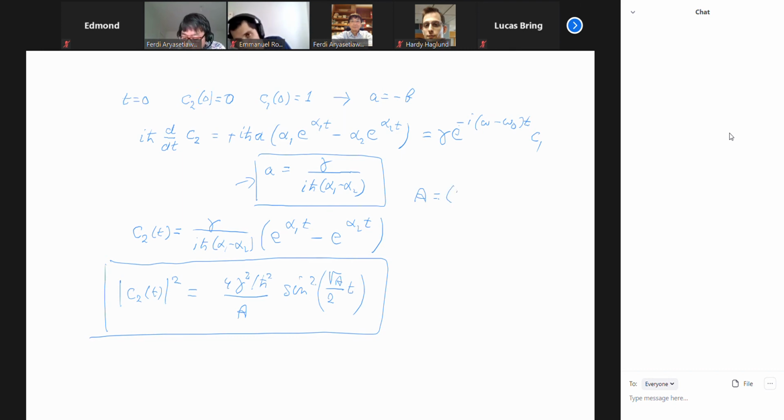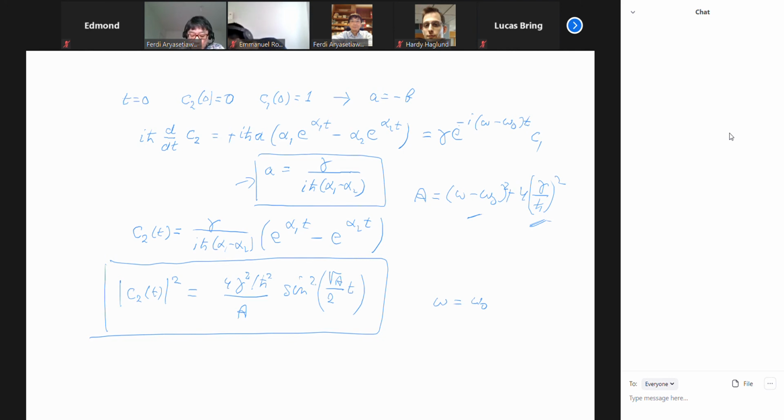It's given by (omega minus omega 0) squared plus 4 gamma squared over h bar squared, like this. So we see that when omega is equal to omega 0, then A will be the smallest, because we cannot do anything about this. So this will be 0. So then A becomes small, or smallest, a minimum.